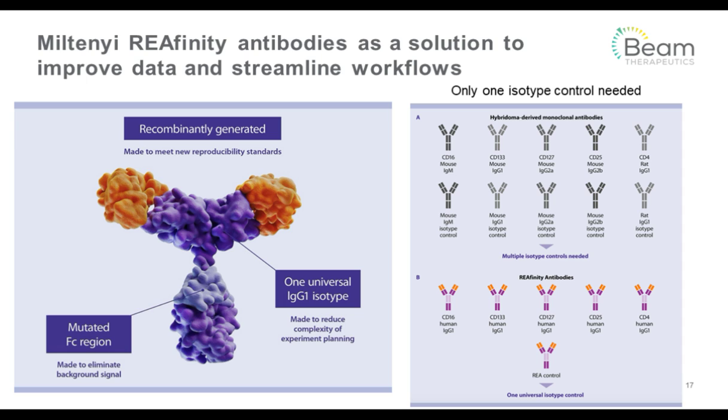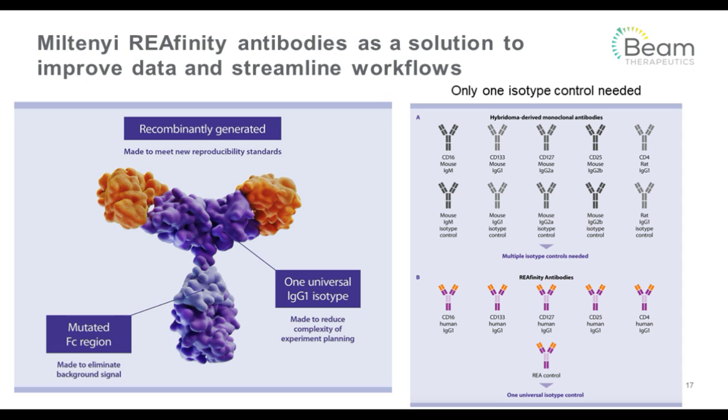You see noted here that they have the mutated Fc region, really keeping in mind eliminating that background that a lot of us are very familiar with when staining our cells. Also, they all have one universal IgG1 isotype. For those that have had panel design experience in the past, you can see a great schematic on the right highlighting that benefit of only having one isotype control needed.